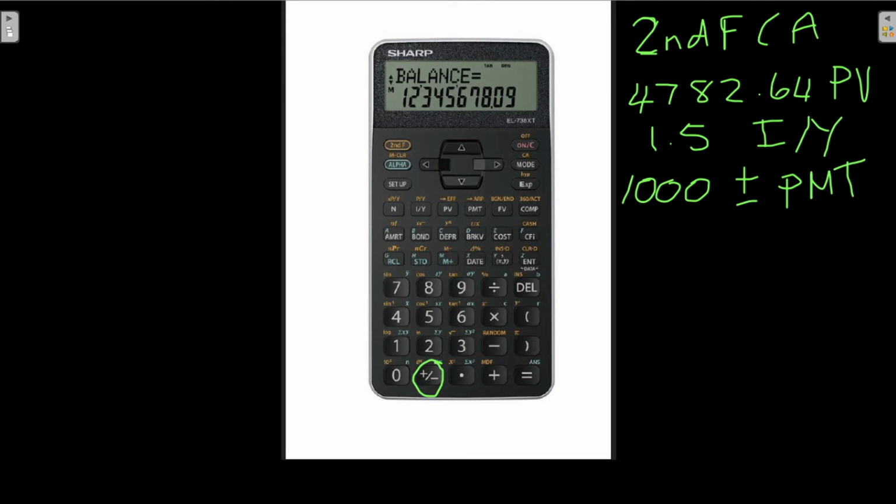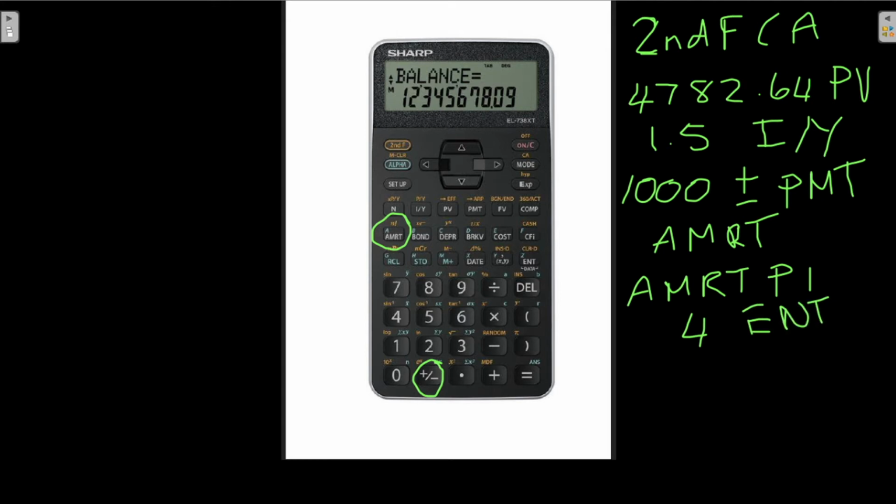Now you make use of the AMRT, amortization button. If you press that, you will get to the following, with a P1. Because we want the interest and principal portion for the fourth payment, you type 4 and enter that.